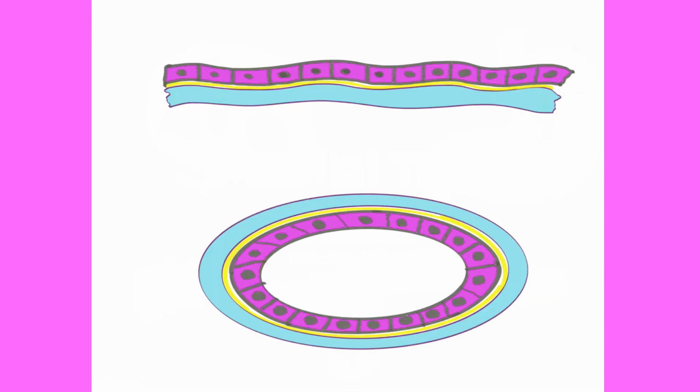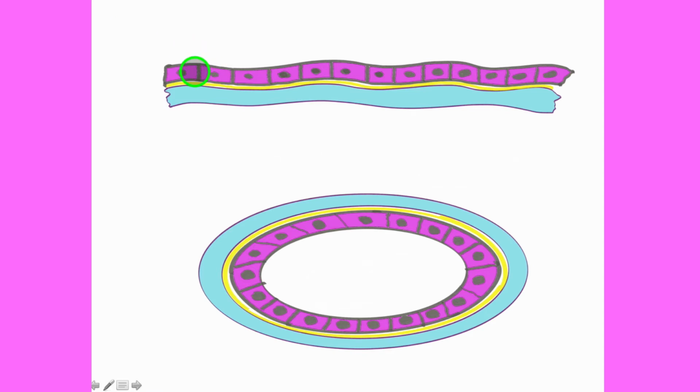So when we're looking at epithelial tissue, we see in this top image right here, this right here in purple is epithelial tissue. And everything in gray would be the extracellular matrix. Epithelial tissue is highly cellular and very little extracellular matrix. The cells are very tightly packed together.